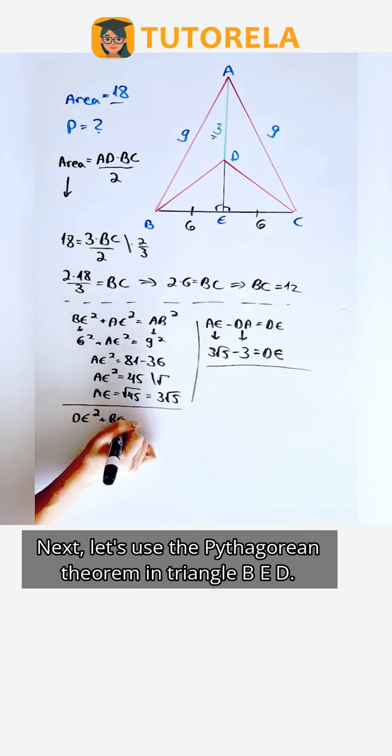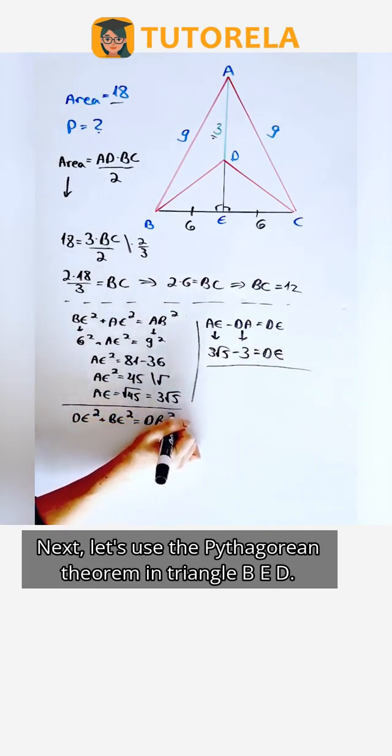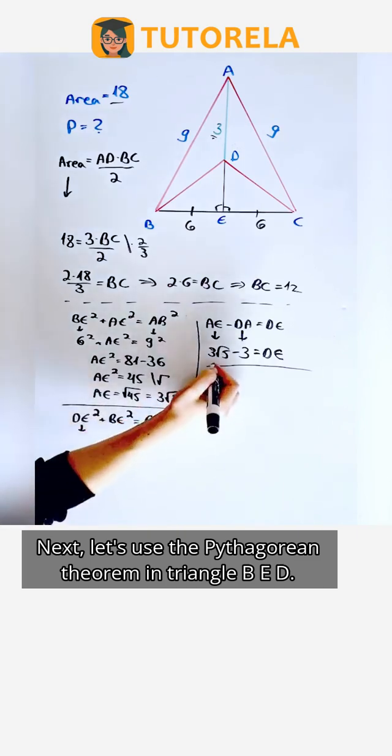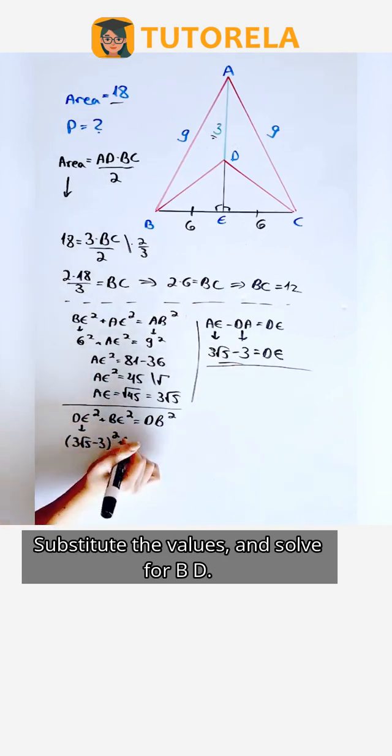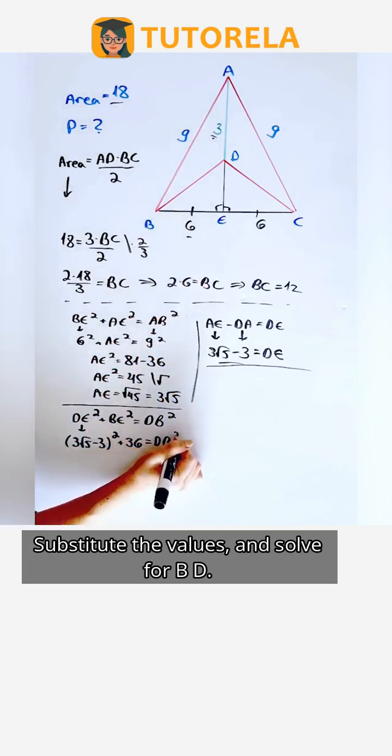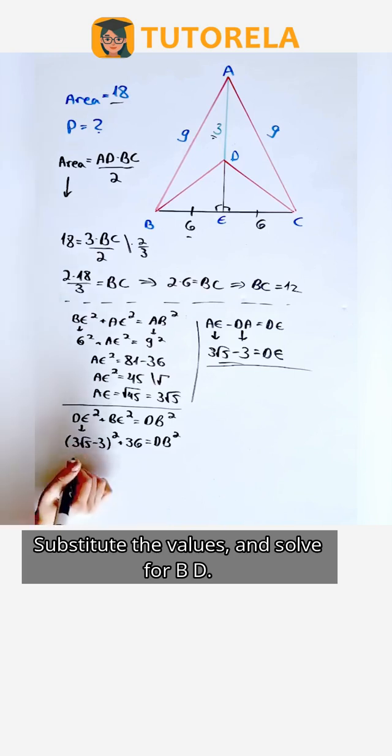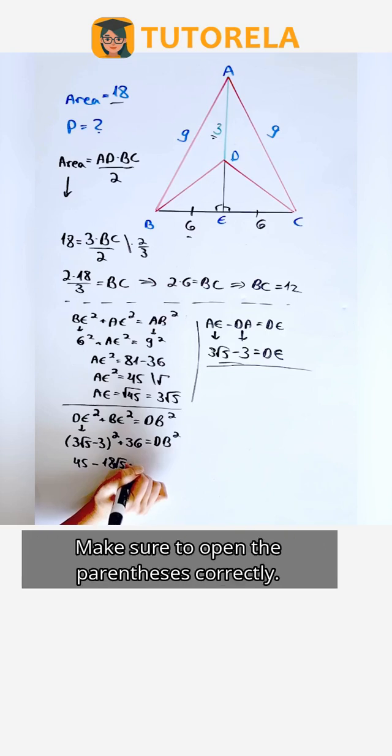Next, let's use the Pythagorean theorem in triangle BED. Substitute the values and solve for BD. Make sure to open the parentheses correctly.